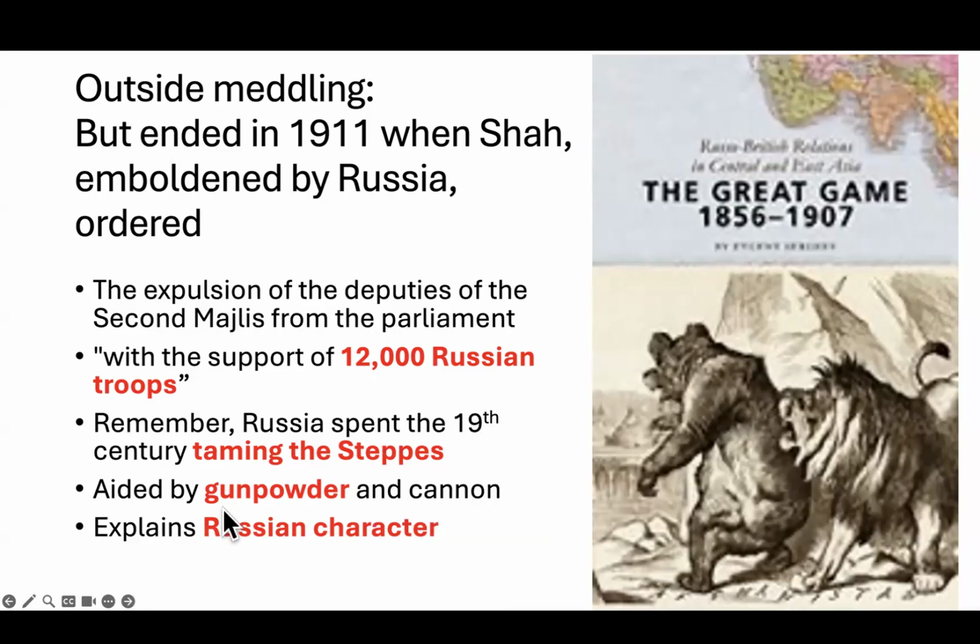It was gunpowder that allowed the Russians to finally break millennia of the problems with the tribes rolling out of the steppes, attacking established civilizations, in particular the river civilizations, the four river civilizations. So I think if we're trying to understand the Russian character, we've got to really go back over 200 years to understand, and this was their main accomplishment.